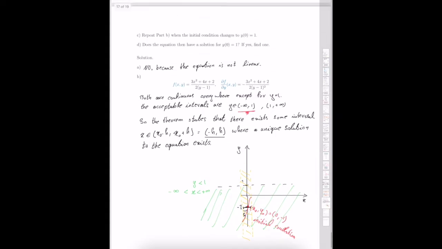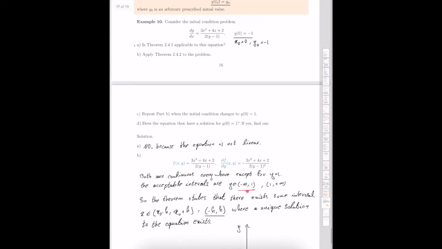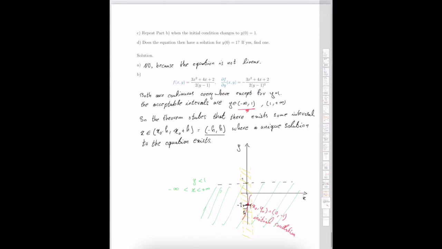Okay, so we already did part A, we did part B. Now it says repeat part B when the initial condition changes to y0 equal to 1. Well, for y equal to 1, f and its derivative with respect to y are not defined.